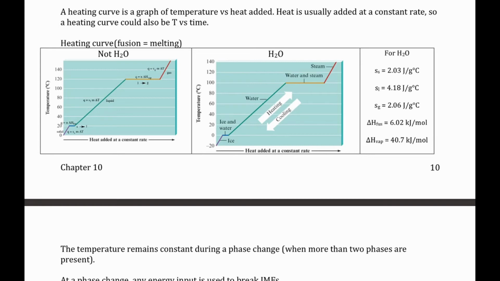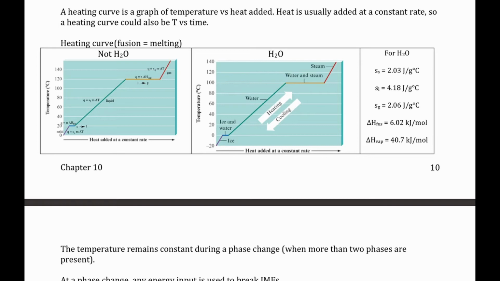Once it has all melted, we have all liquid, then as we continue to heat it, we're in the green portion of the curve, and we notice as we add heat energy, the temperature goes up. And the amount of heat we would have to add would be given by Q equals ms delta T, where the s would be for liquid water, 4.18 joules per gram degrees Celsius.